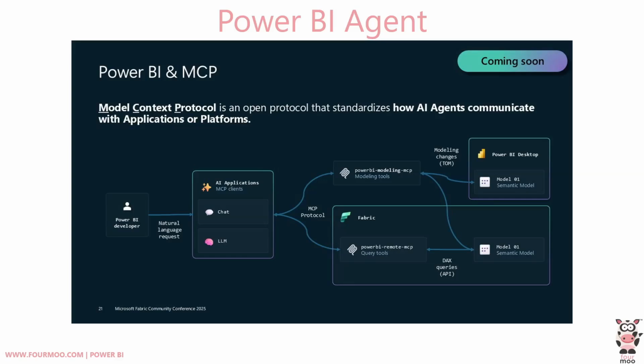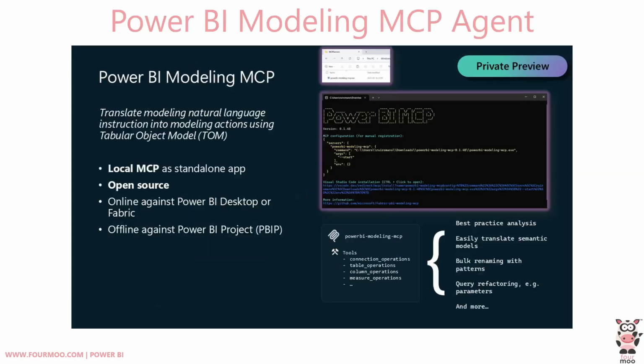It could be Copilot, Grok, ChatGPT, Claude, and using the MCP protocol, there are now two different ways that you can interact with this. One is with the modeling tools, which I'll get into on the next slide, and the other one is the query tools. The modeling is where you model your semantic model, and the querying tools to me is where you query the information.